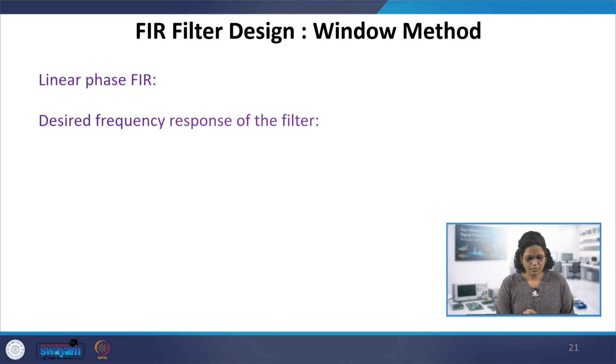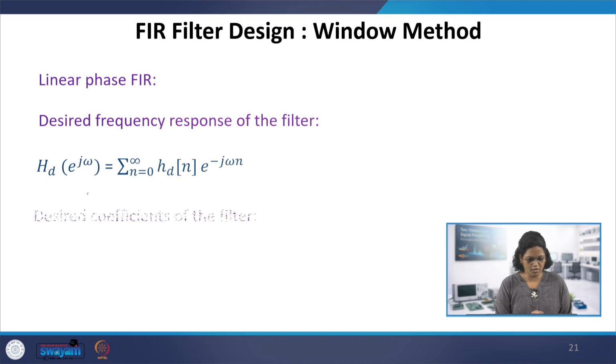So for the linear phase FIR filter, once the desired response H_D of e^(j omega) is given, it can give the H_D of n, that is the coefficients can be decided. The relation between these is nothing but the DTFT. H_D of n is the filter coefficient, and we can get the desired response.